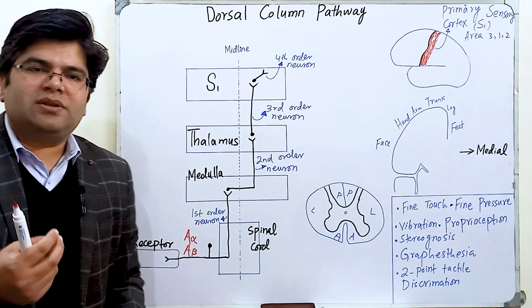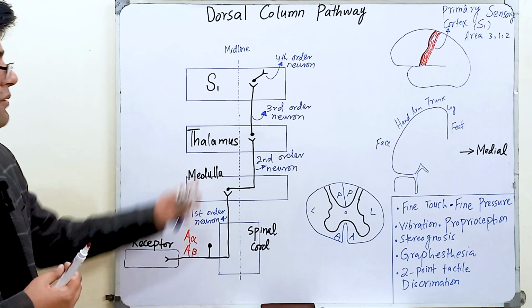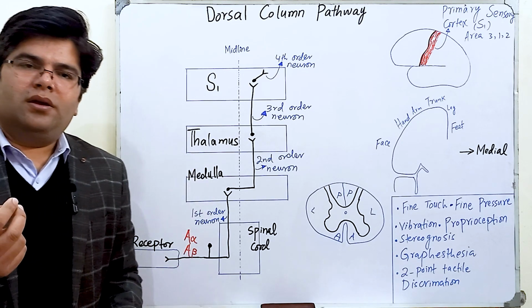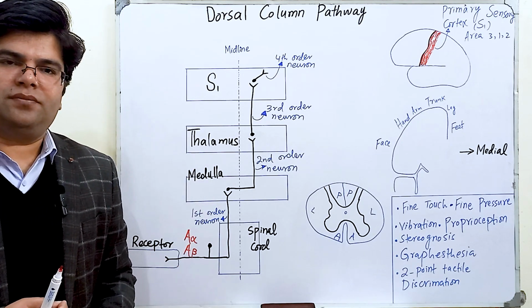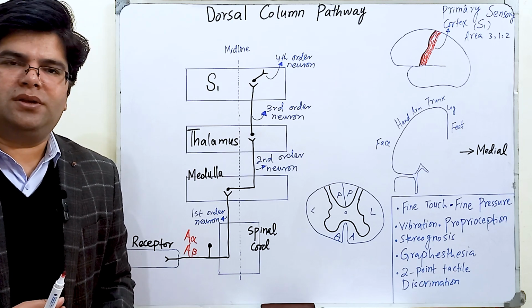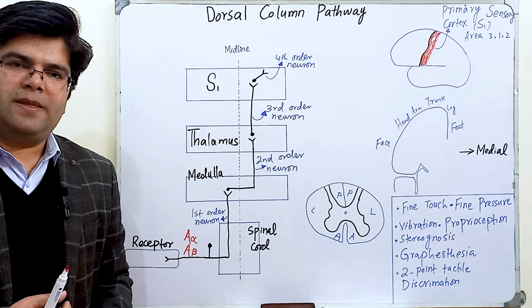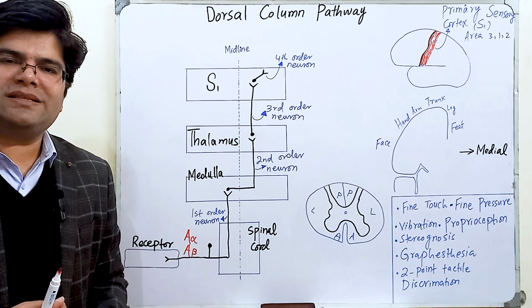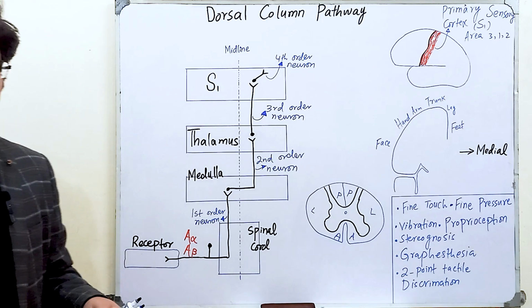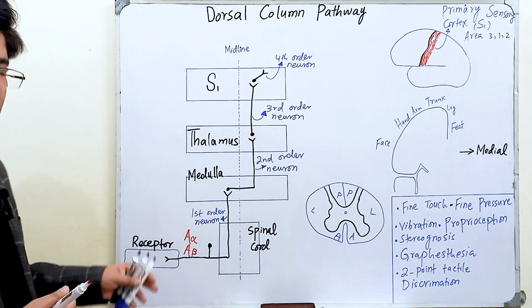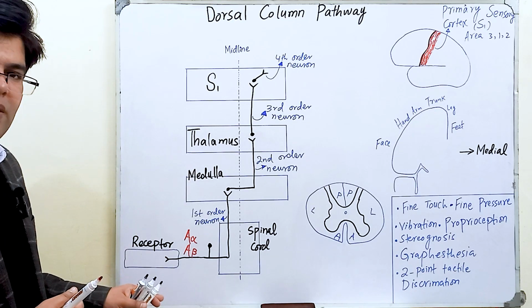Just to mention the names of some important receptors which are present in this pathway: Pacinian corpuscle, Meissner's corpuscle, Ruffini's end organs, Merkel's disc, Golgi tendon organs, muscle spindles. So these are some common examples of receptors which are present in the dorsal column pathway.